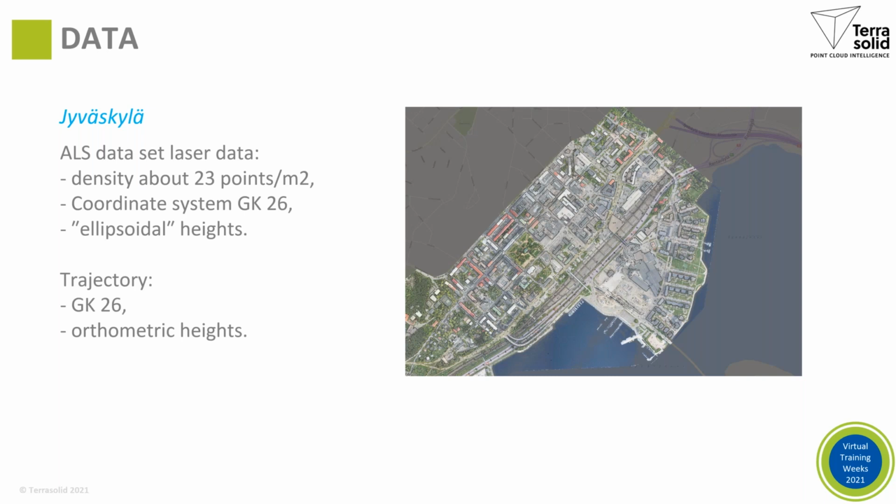That's why I will show how to adjust the points to the geoid model. The trajectory and laser data are in the same coordinate system, so no transformation is needed.